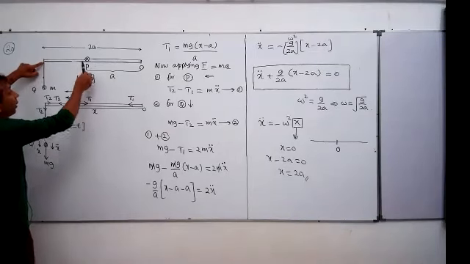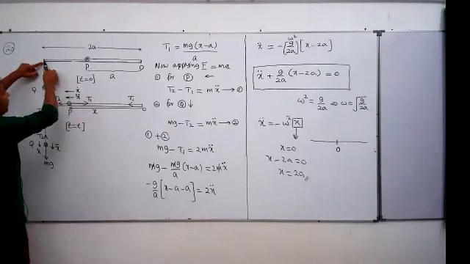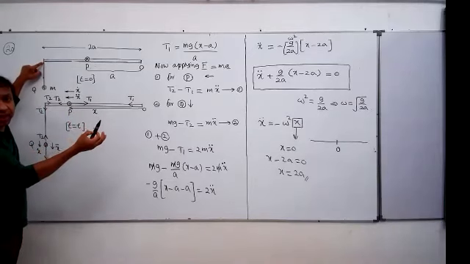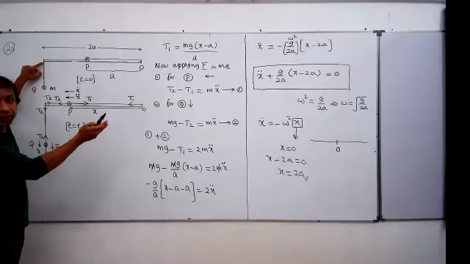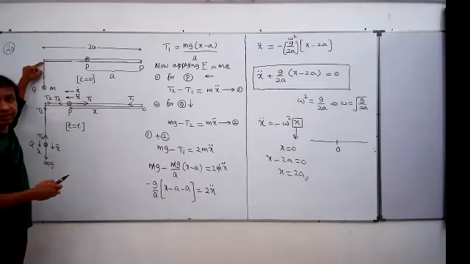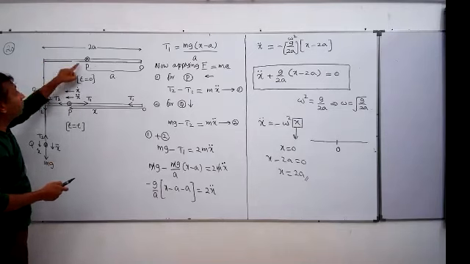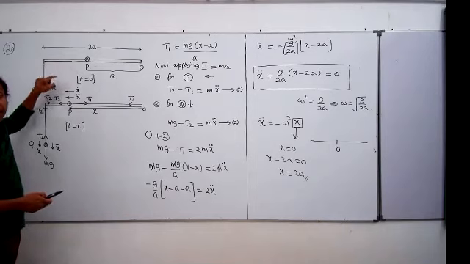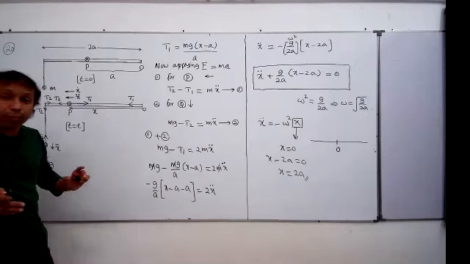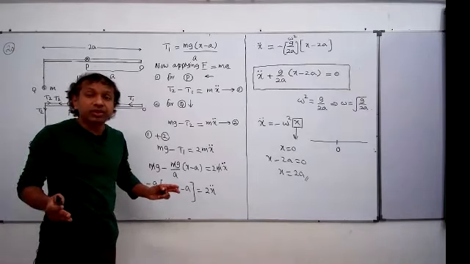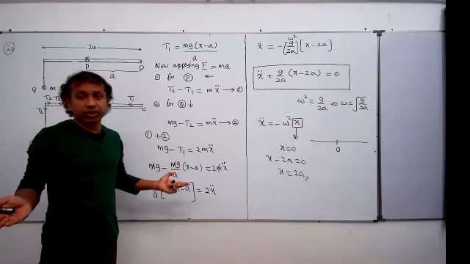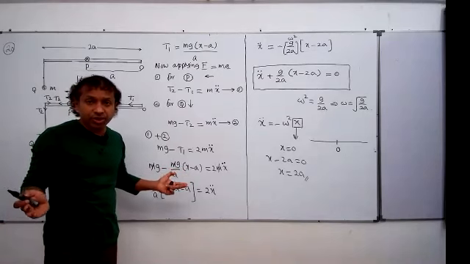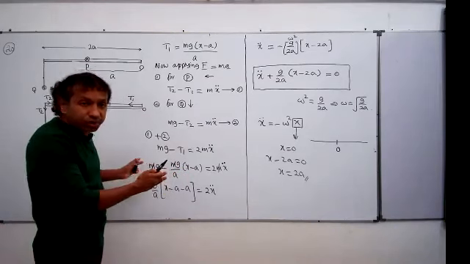Then the particle P, once it comes to the center, has the idea to continue the motion on the right hand side of the center. But people, according to this setup, the table ends from here. Then the particle P cannot completely describe the simple harmonic motion. It can describe the simple harmonic motion until it reaches the center.